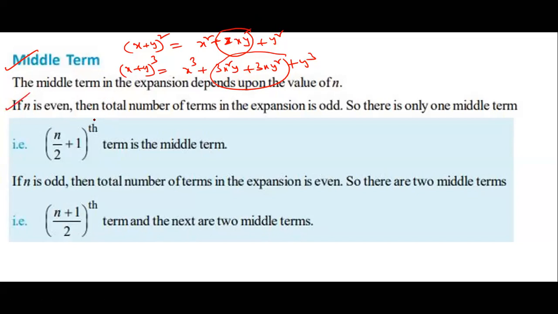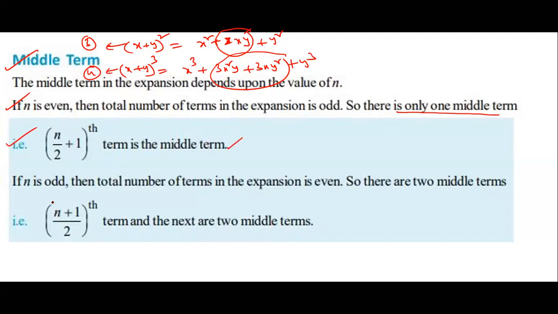Now, see carefully. If n is even, then the total number of terms in the expansion is an odd number. Why? Because in this case, how many terms are there? 3. In this case, 4. So there is only one middle term possible. That is the formula: n by 2 plus 1 th term is the middle term.